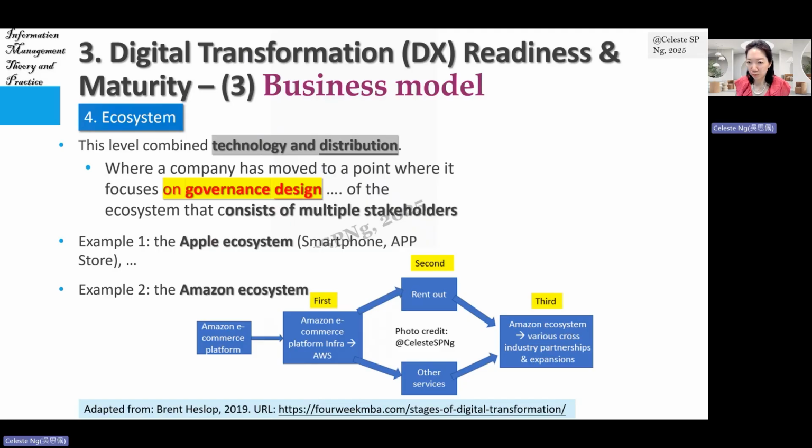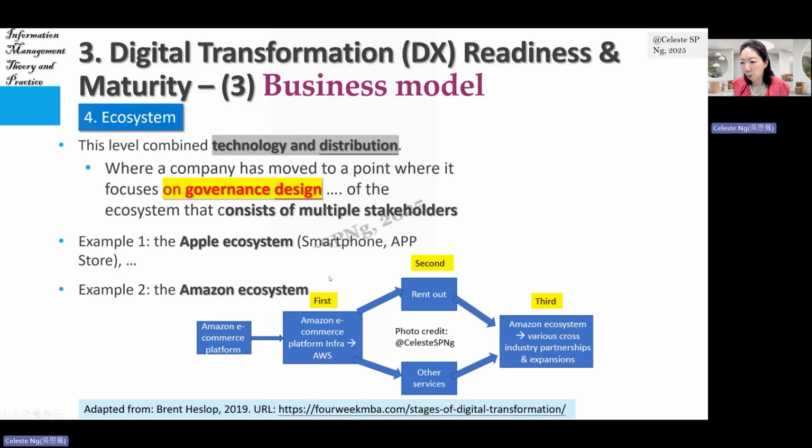What differentiates an ecosystem from an early-stage digital platform is that an ecosystem consists of multiple stakeholders. And these stakeholders are not coming from the same industry. They come from multiple industries.